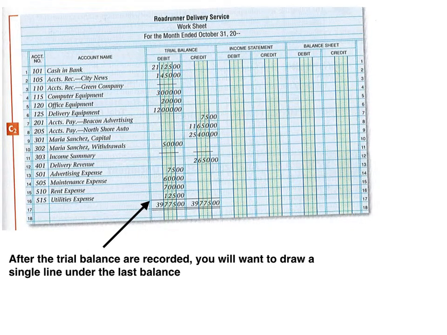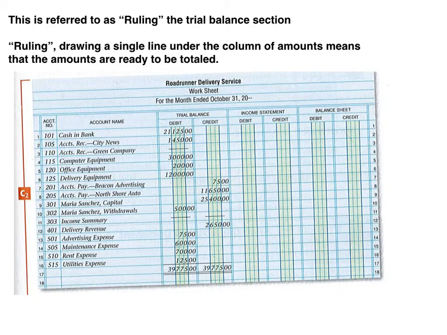After the trial balances are recorded, you're going to draw a single line under the last balance. This is referred to as ruling the trial balance section. Ruling, or drawing a single line under the column of amounts, means that the amounts are ready to be totaled.